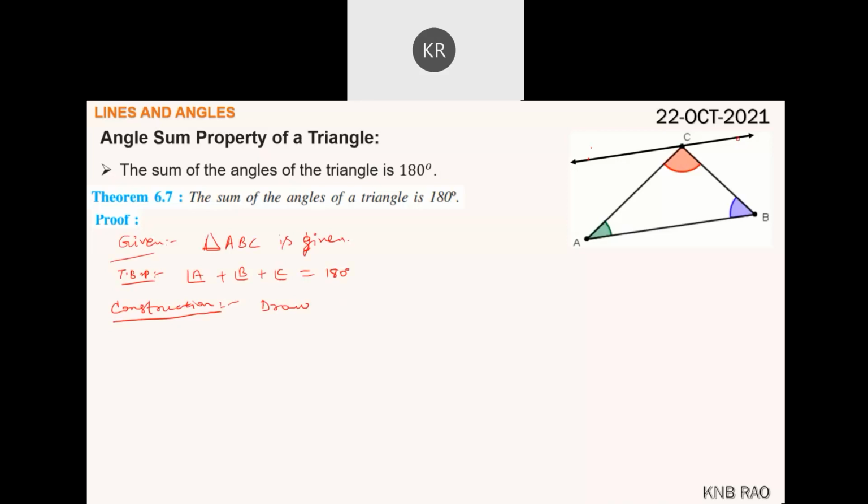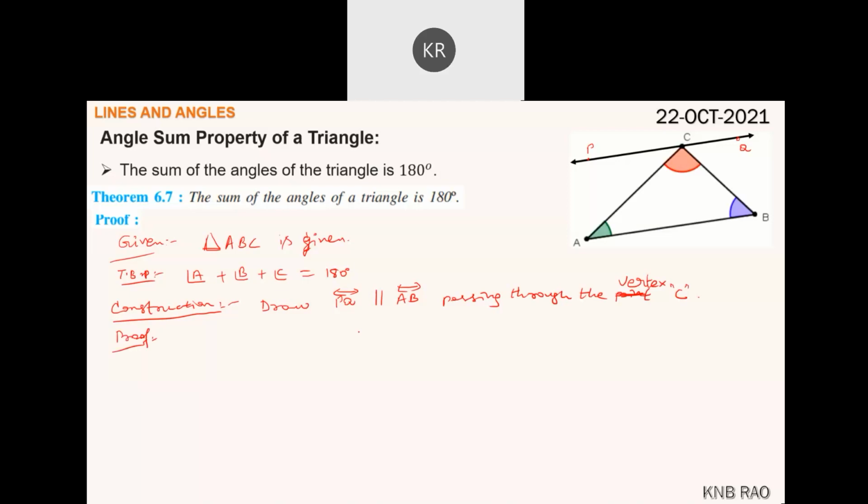Line PQ parallel to line AB, passing through the point, or vertex, C. Now the proof comes here.